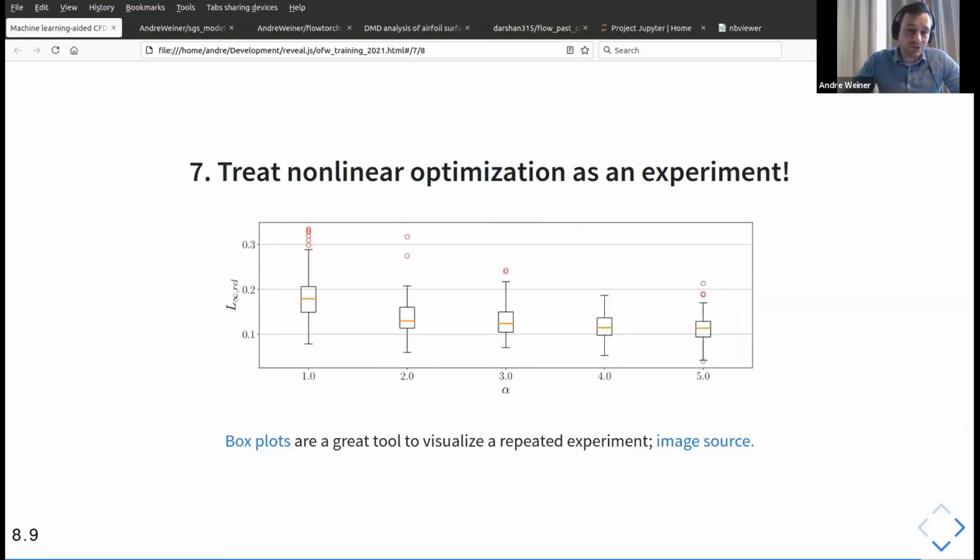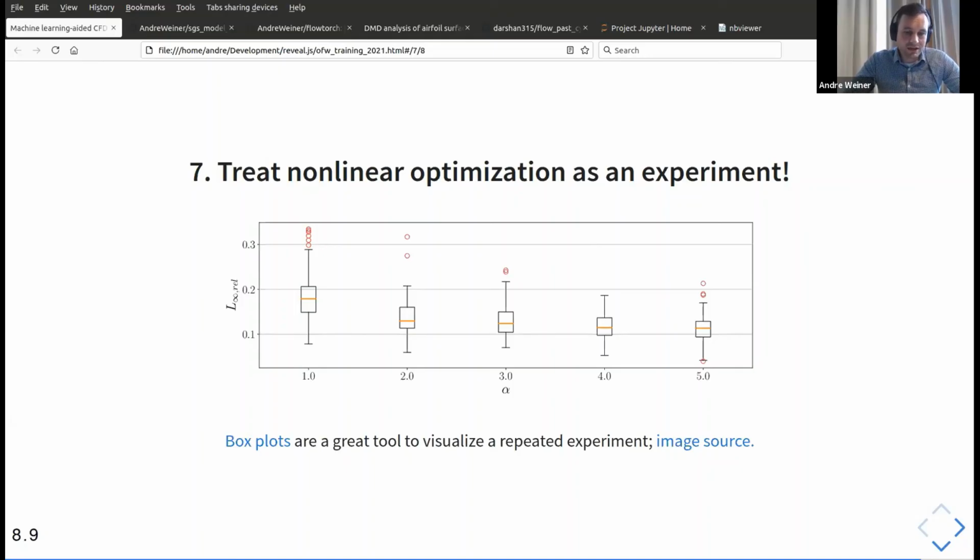And you should do exactly the same when you benchmark machine learning models that include some nonlinear optimization. For example, if you have a neural network and instead of activation function A you use activation function B, you shouldn't perform a single training loop and say activation function A leads to smaller loss values than activation function B. You should repeat this experiment, if possible, like 100 times, look at the distribution, and then report the statistics.